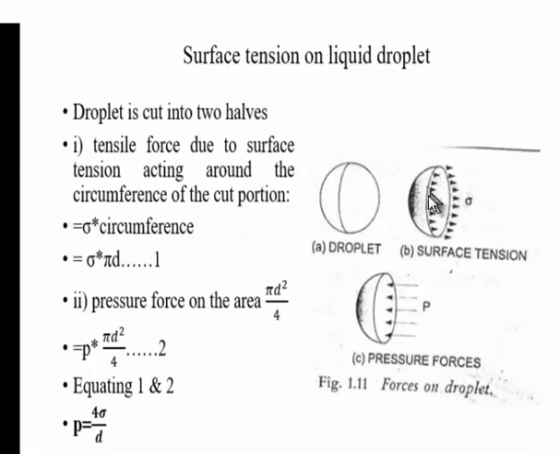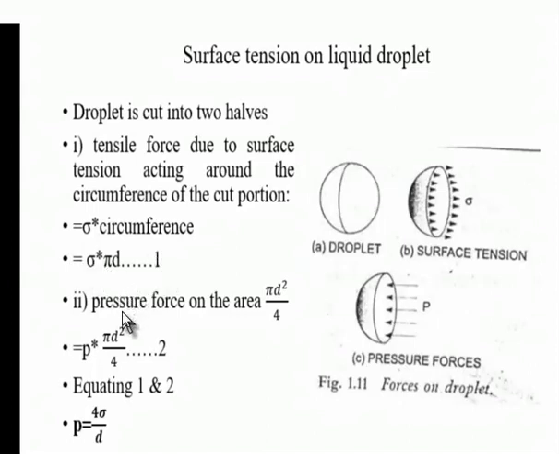This is denoted by sigma. It is given by sigma into circumference, because only at the circumference the tensile force is acting. The circumference of this droplet is pi d, so the force is sigma into pi d. This is equation number 1.